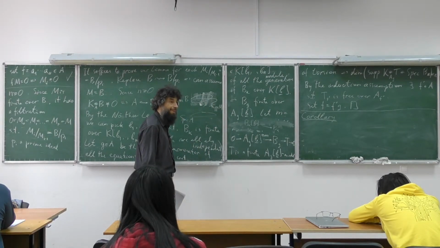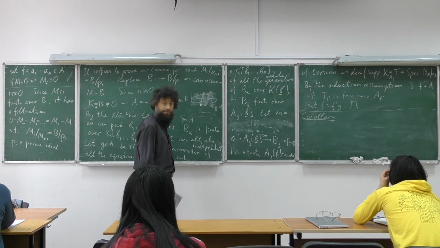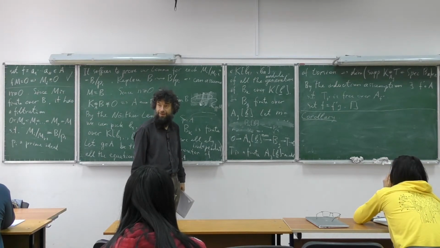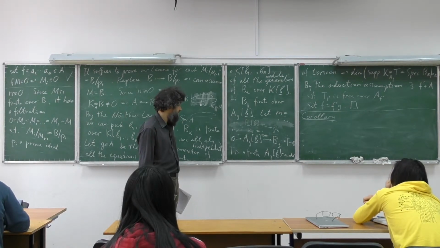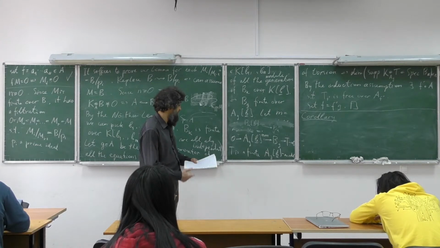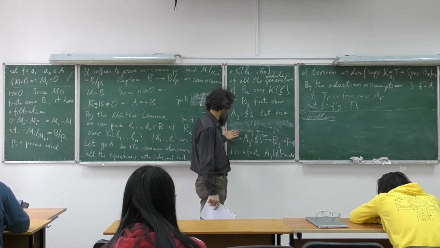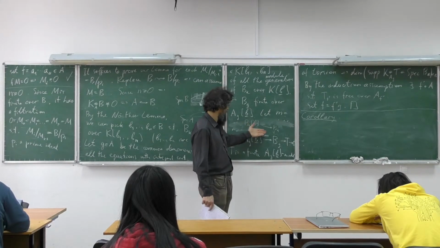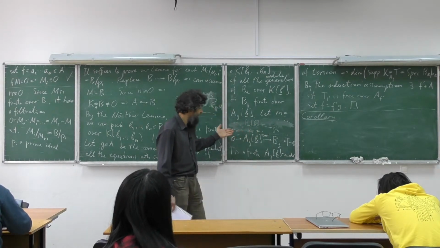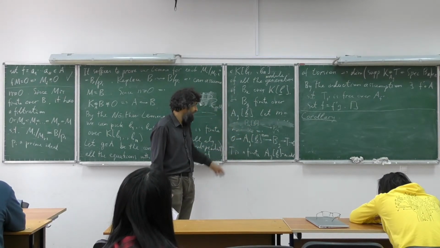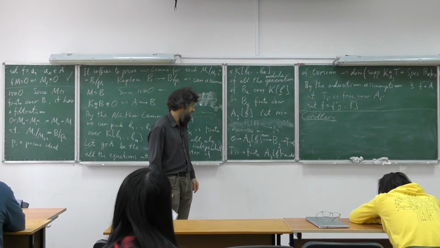Okay? Just because we have some sort of vector space over a field, and then you just need to know the dimension of this vector space, and that's it.